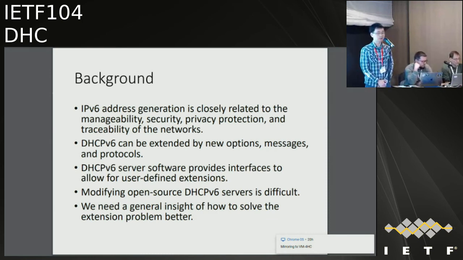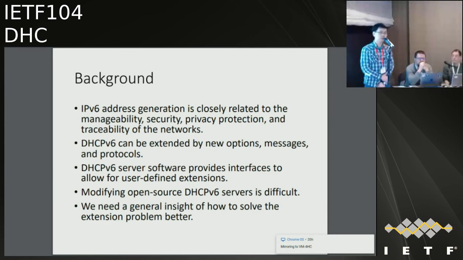IPv6 address generation is closely related to the manageability, security, privacy protection, and traceability of the networks. DHCPv6 can be extended by new options, messages, and protocols. Some DHCP server software provides interfaces to allow for user-defined extensions.